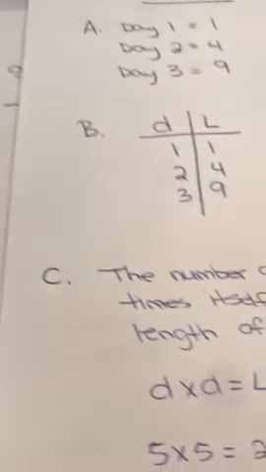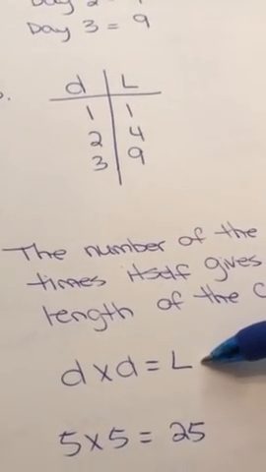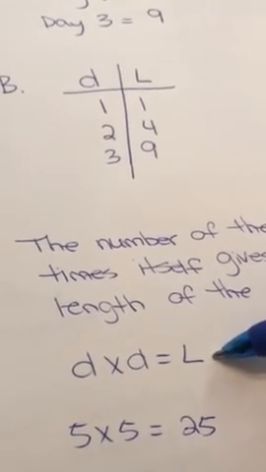Now, this question, while you're copying this down, is not a part of this lesson, but how would my rule change if I did go back and add the head? So think about my original rule being D times D equals L. What would happen though if I did want to include my head as my full length?